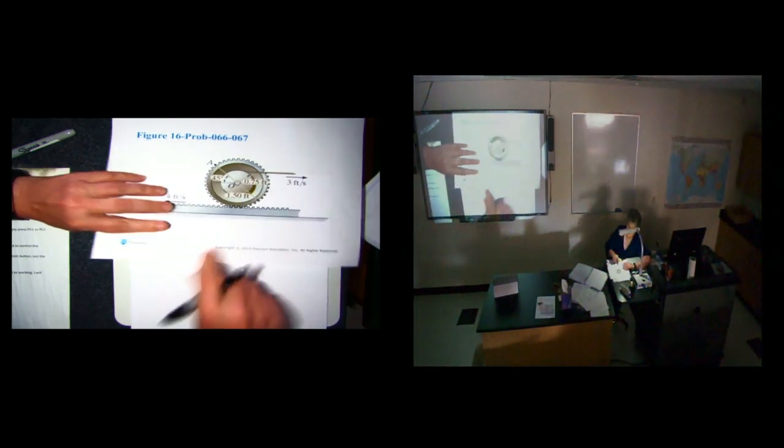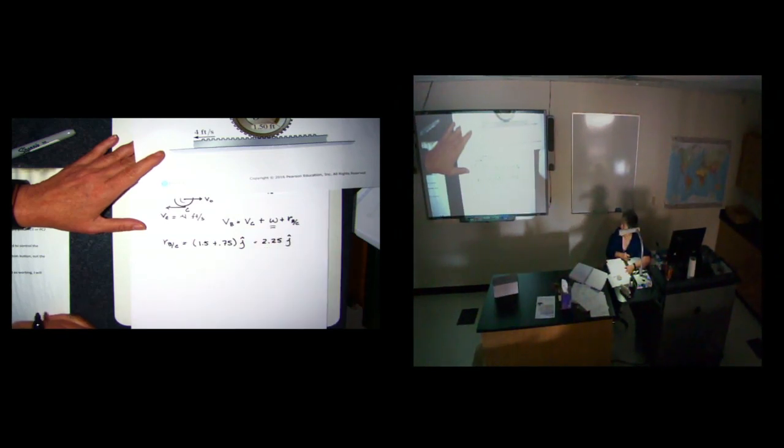Why is it 1.5 plus 0.75? Because we're given, if I'm going from here to here, 1.5 gets me to the center. From the center up to where B is, it's another 0.75.